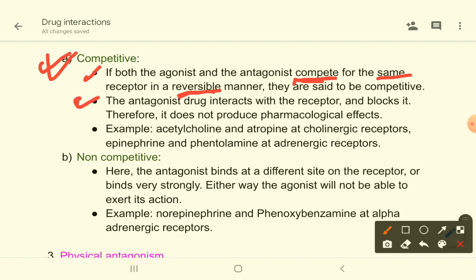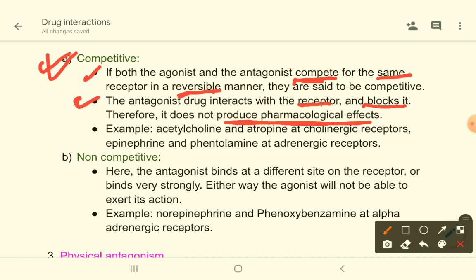This means that the antagonist drug interacts with the receptor and blocks it, therefore it does not produce a pharmacological effect. So an antagonist binds with the receptor and blocks that receptor, so an agonist cannot bind, so it opposes the action of the agonist.